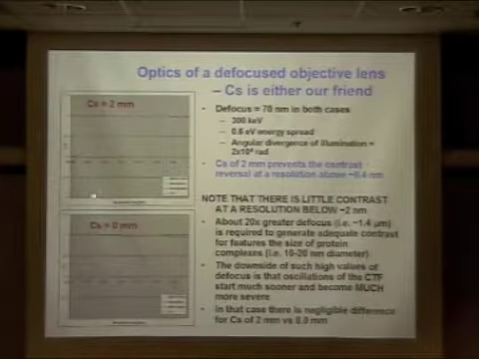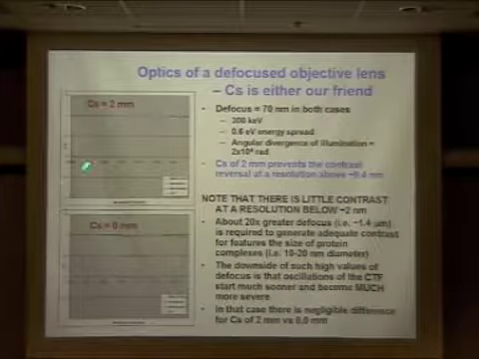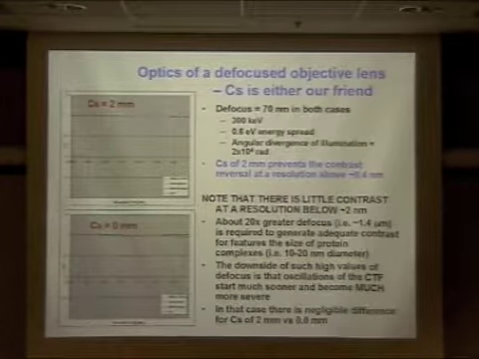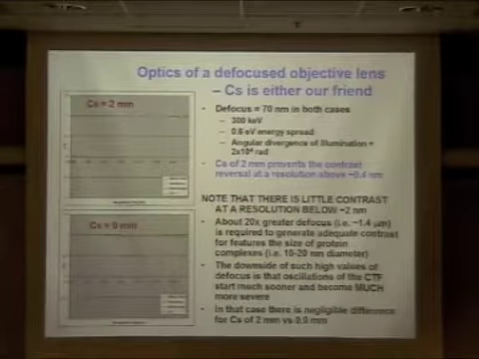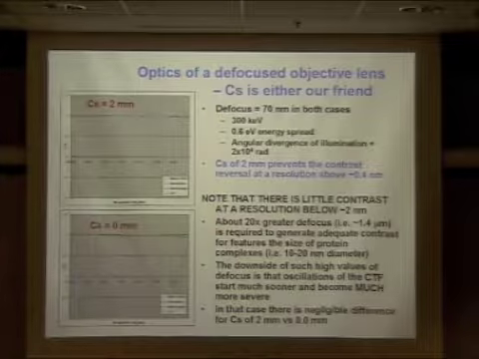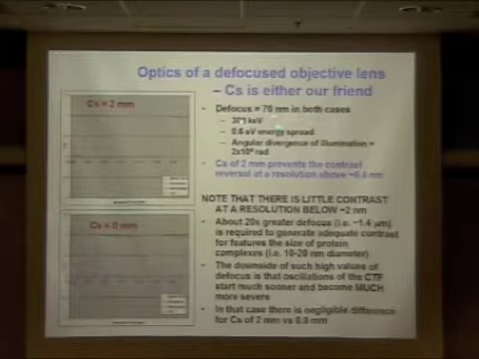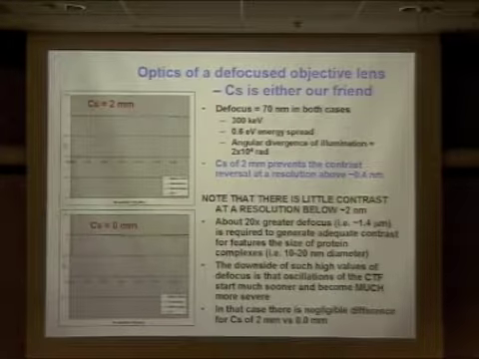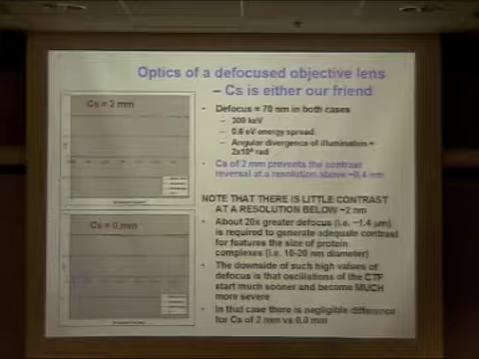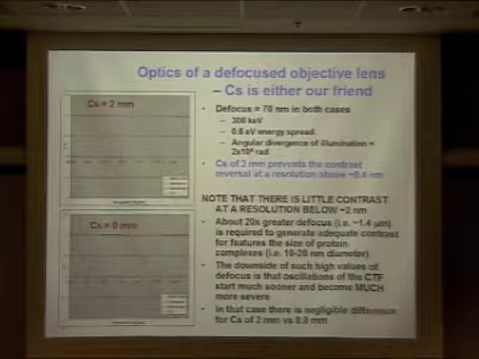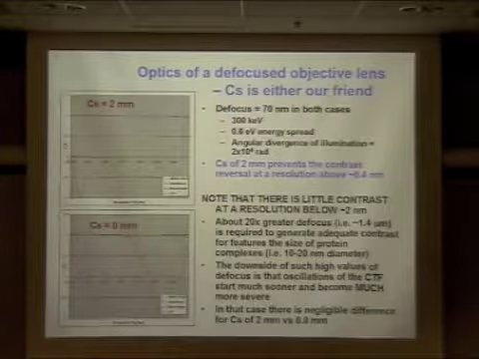If you are at so-called Scherzer defocus, these two simulations, using a program that Henry made available to the community, are at exactly the same defocus. In both cases, the 300 keV electrons are defocused by 70 nanometers, assuming an optimistic energy spread and reasonably good collimation of illumination, reasonably good spatial coherence.